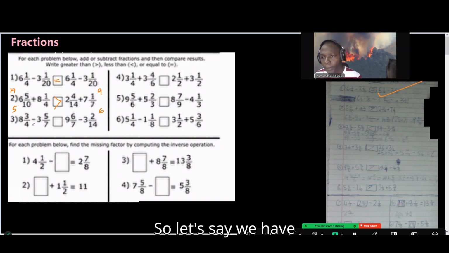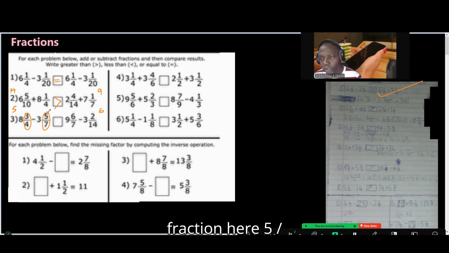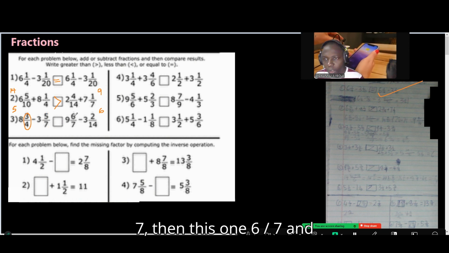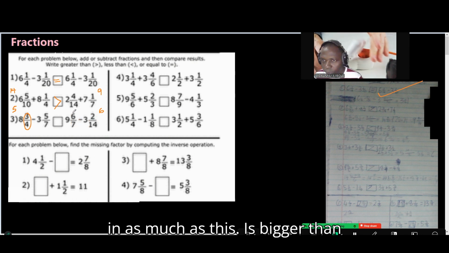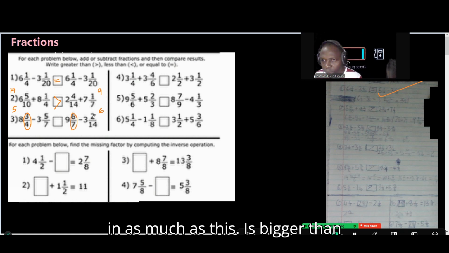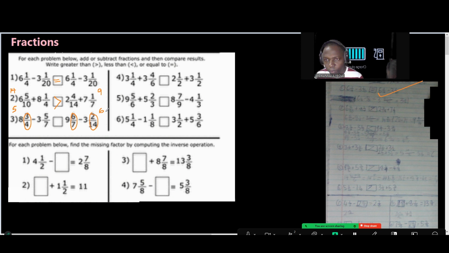So let's say we have this fraction here, 3 over 4, and this fraction here, 5 over 7. Then this one, 6 over 7, and 2 over 14. In as much as this is bigger than this, then we don't have any issue.